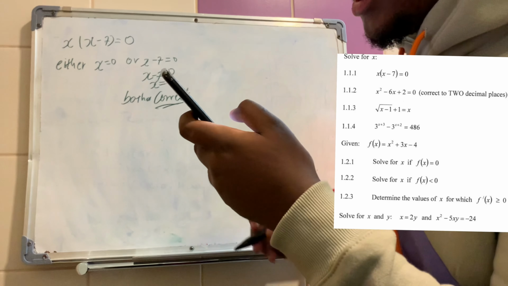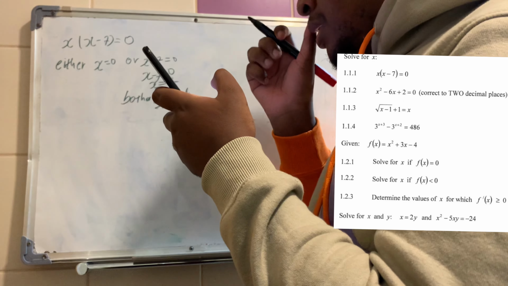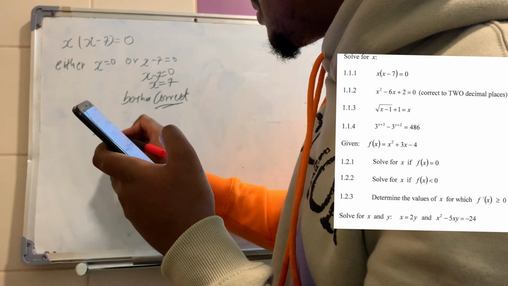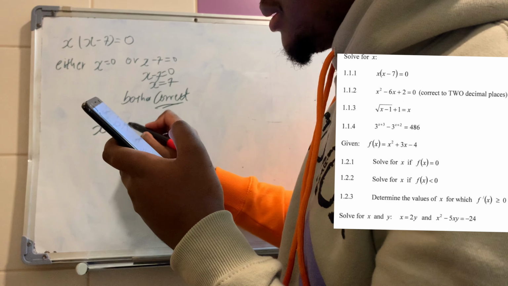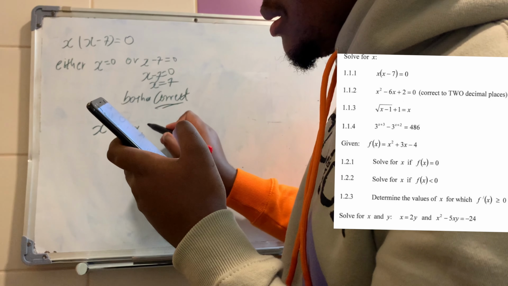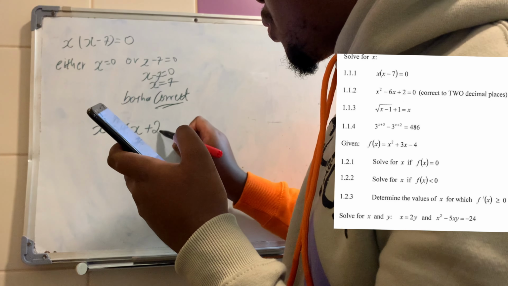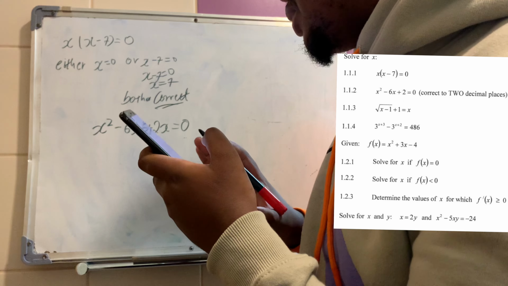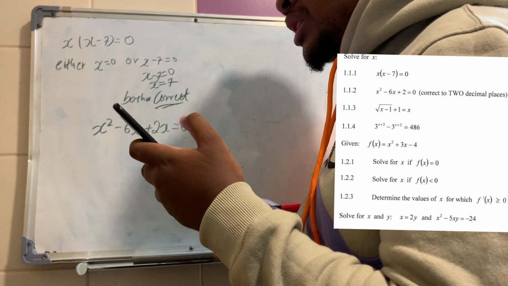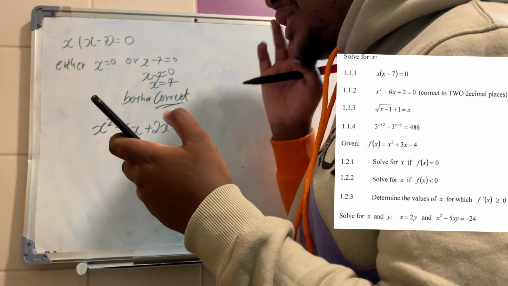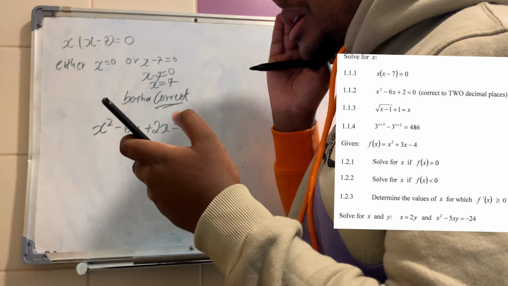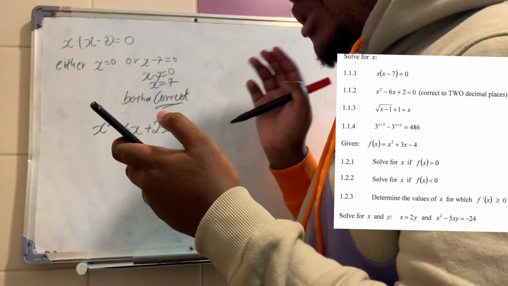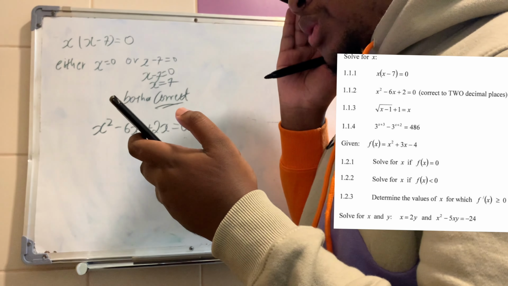Now the second question says solve for x if x squared minus 6x plus 2 is equal to 0. Give the answer correct to two decimal places. This one is not factorable, so you need to go to the quadratic formula.